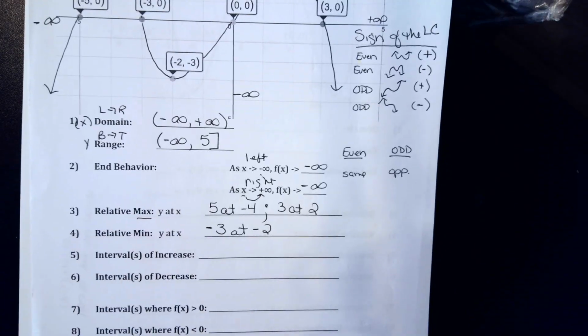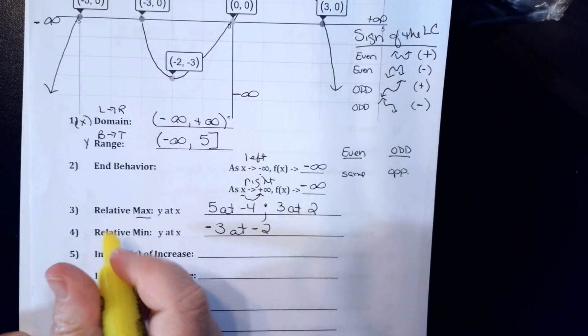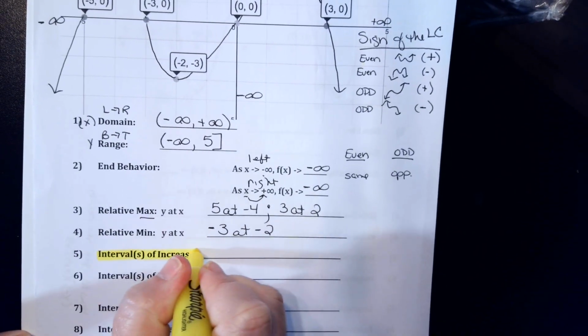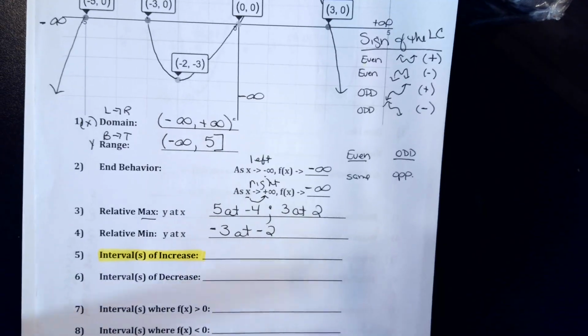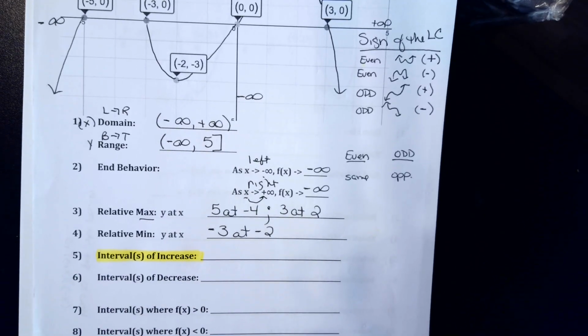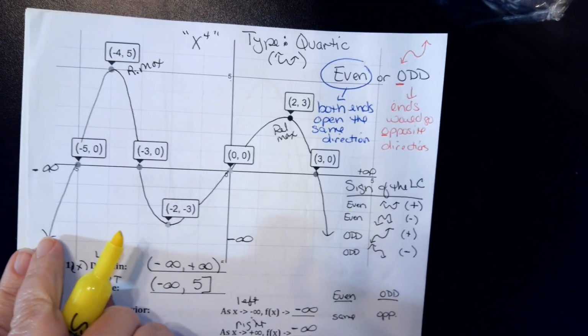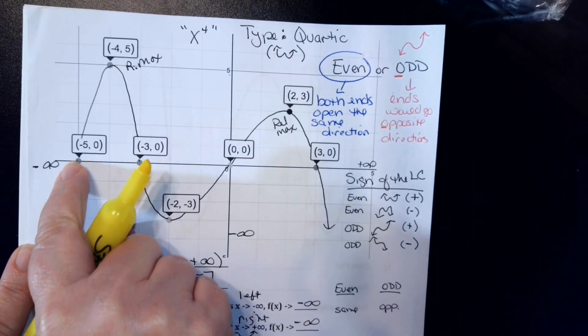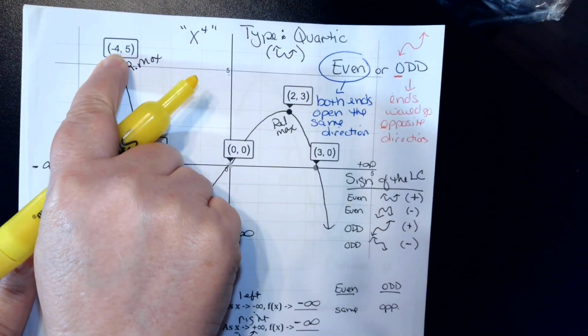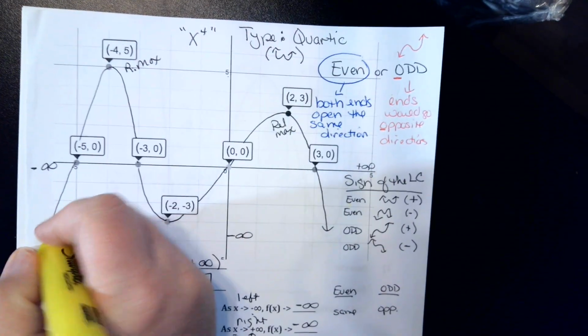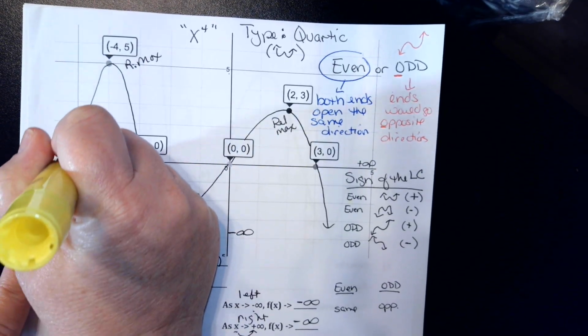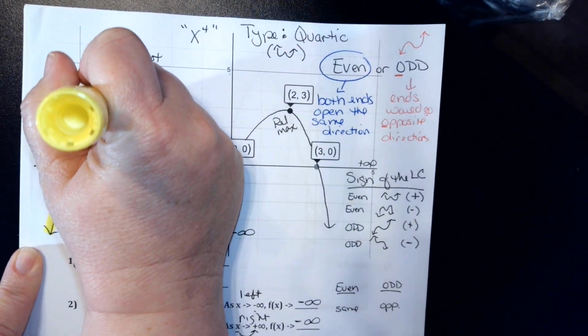Alright, coming right here, intervals of increase. This is where your 4 different colors will come into play. Remember, intervals of increase are where we are walking uphill on the graph. So let's start from left to right. Right here, are we walking uphill or are we walking downhill? Well, we're walking uphill. So this is an interval of increase. We're walking up, walking up, walking up.